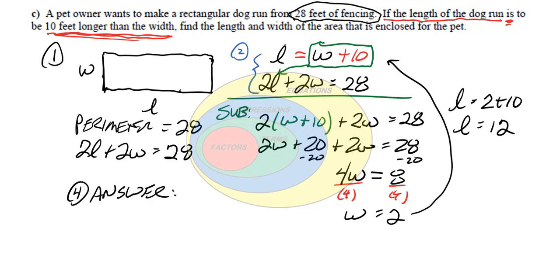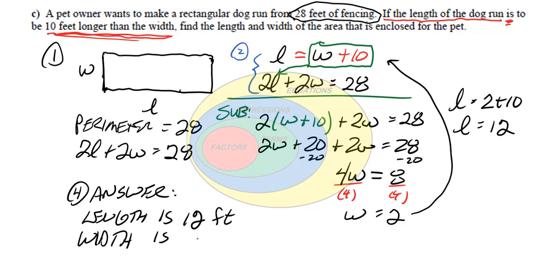It says find the length and the width of the area that is enclosed. So the length, which was L, is 12 feet, and the width is 2 feet.